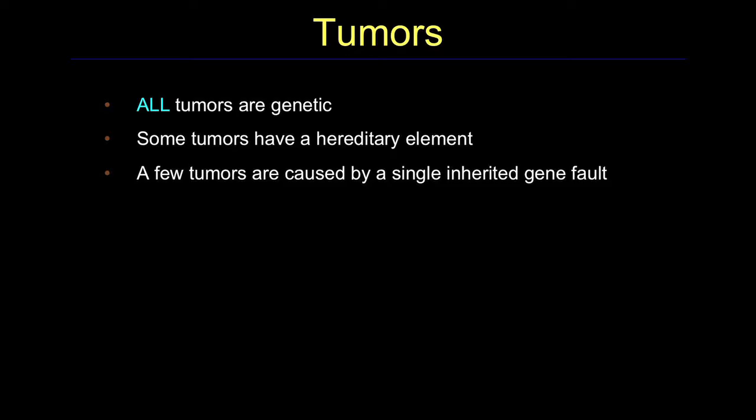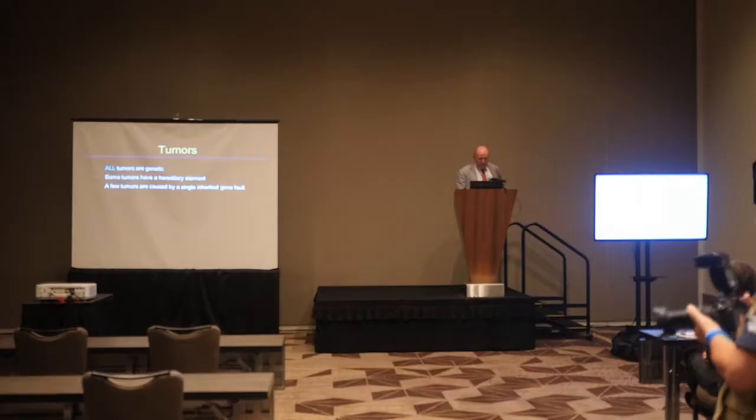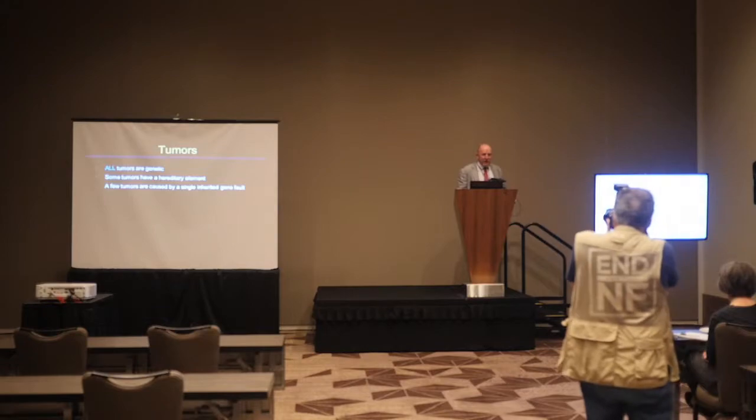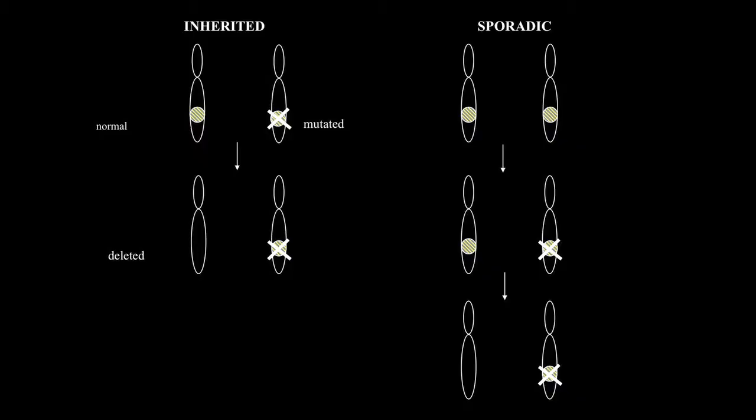Doesn't mean they're all inherited, but in order for a tumor to occur, genetic mutations have to occur in key genes. And for schwannomas, as far as we're aware, all of them have loss of the NF2 gene protein product. So that NF2 product isn't working properly. And that's directly involved in NF2 and indirectly involved in schwannomatosis.